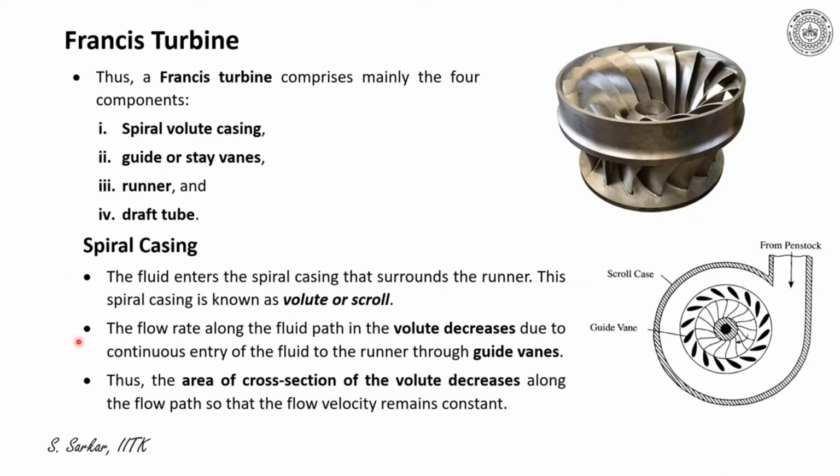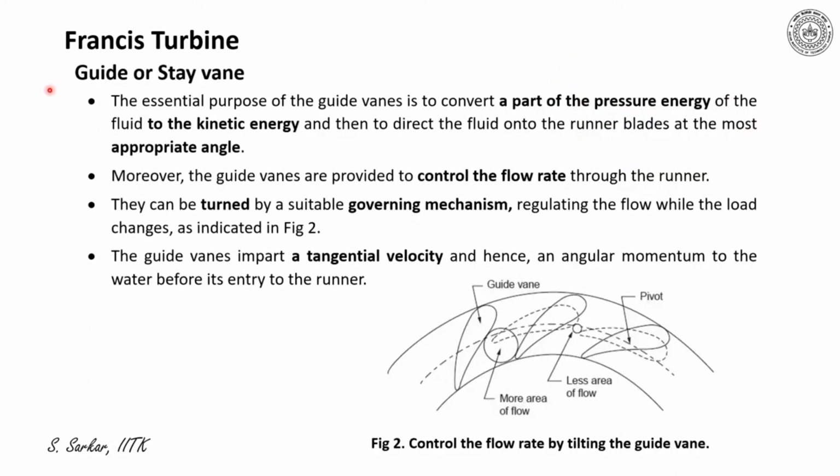The flow rate along the fluid path in the volute decreases due to continuous entry of fluid to the runner through the guide vanes. Thus, the cross-sectional area of the volute decreases along the flow path so that the flow velocity remains almost constant. I have discussed now about guide vane.